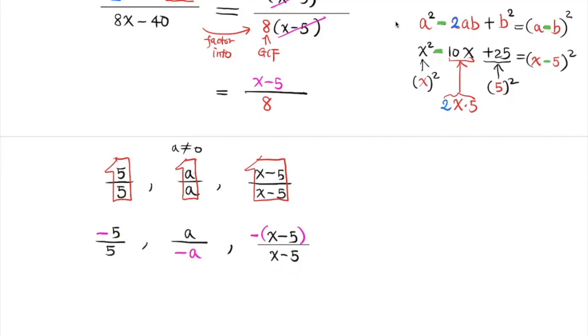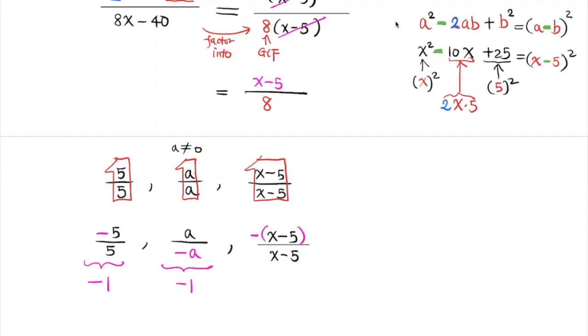Say, up here we have negative 5, down here we have 5. Negative 5 divided by 5, we get negative 1. And A divided by negative A, when these two are opposite, A does not equal 0, we also get negative 1. And this one, the opposite of x minus 5 divided by x minus 5.